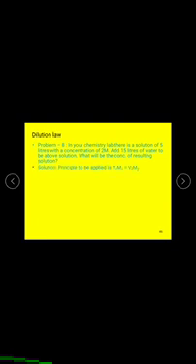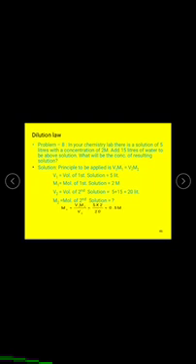The principle M1V1 = M2V2 is applied. V1, the volume of the first solution, is 5 liters. M1, the molarity of the first solution, is 2 M. V2, the volume of the second solution, is 5 plus 15, that is 20 liters. When we substitute these values in this equation, M2 equals 0.5 M.